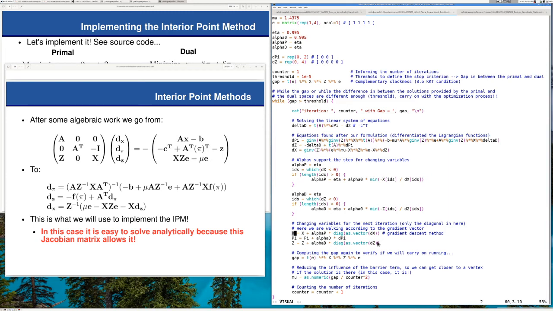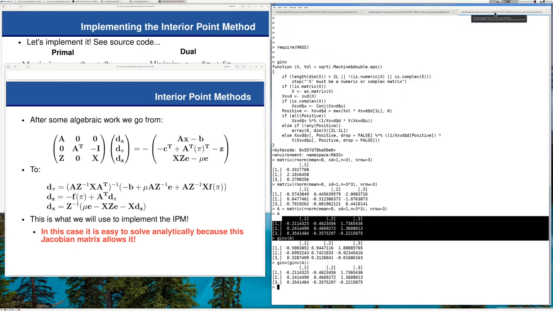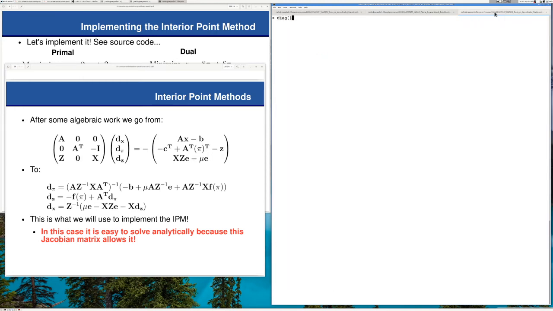Otherwise, I cannot sum up. Okay? Pi is not a diagonal matrix. As you might notice, here pi is a vector. That's why I could sum up pi directly like this. But z is a diagonal matrix, so I had to transform my vector into a diagonal. What I'm doing there is basically this. Transform this into a diagonal matrix. So it transforms my vector into a diagonal matrix.